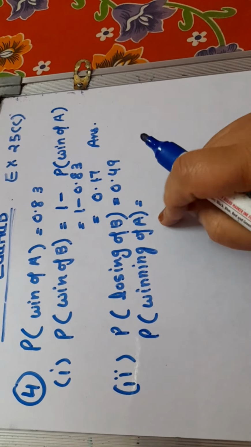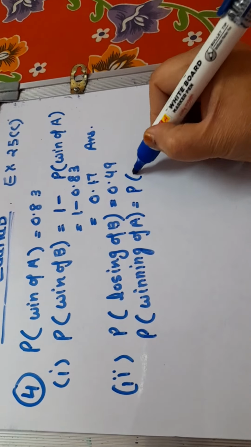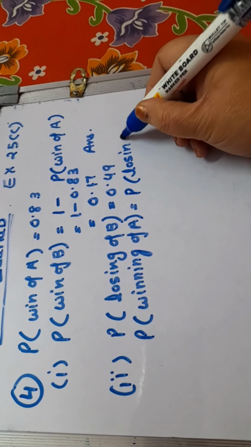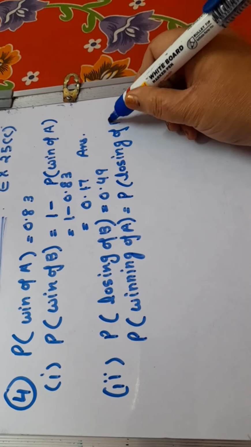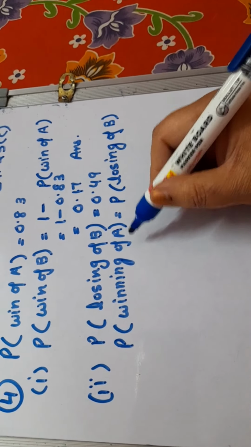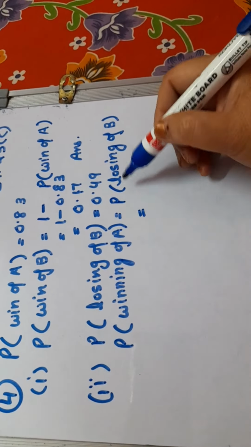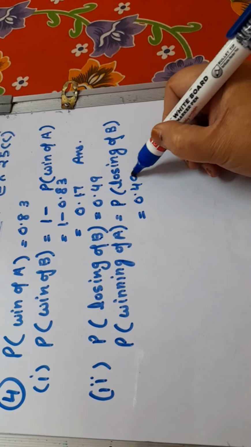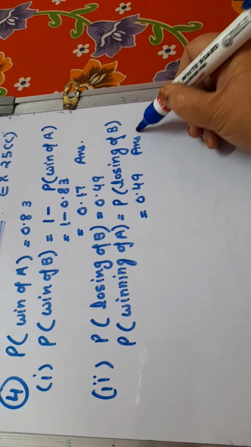So probability of winning of A will be equal to probability of losing of B. जितने B के मैच लूज करने के चांसेस होंगे उतने ही चांसेस A के मैच को विन करने के होंगे. So their probabilities will be same. So 0.49.